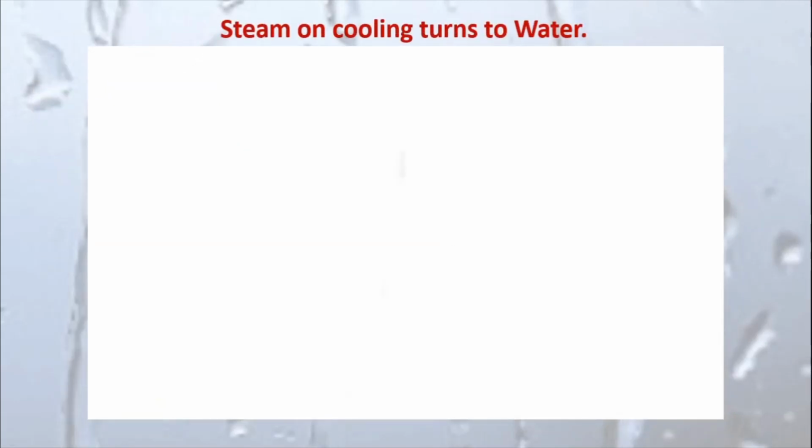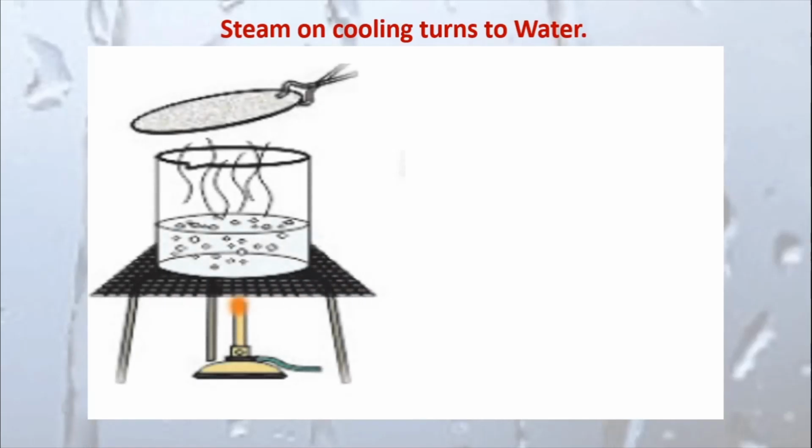Okay, moving on, let us talk about the next point here. Now steam, when it cools, now let us see what happens in the ulta process. We saw how ice becomes steam. Now let us talk about how steam becomes water. So steam, when you cool it, see, this is again a beaker with boiling water inside it.